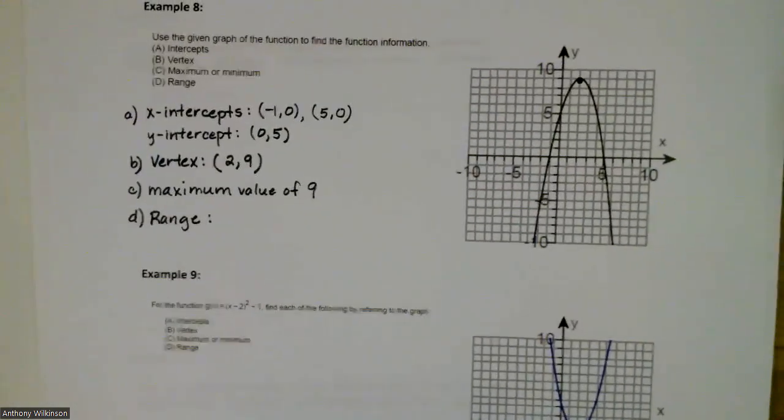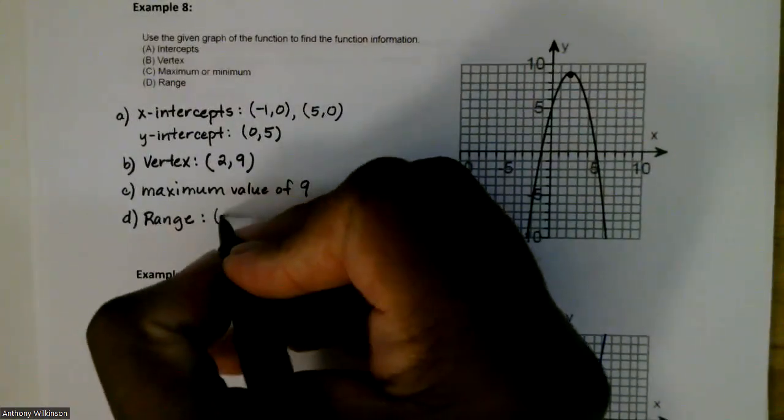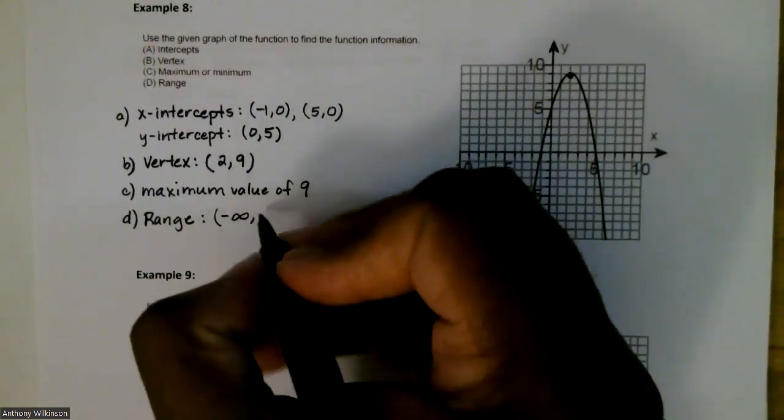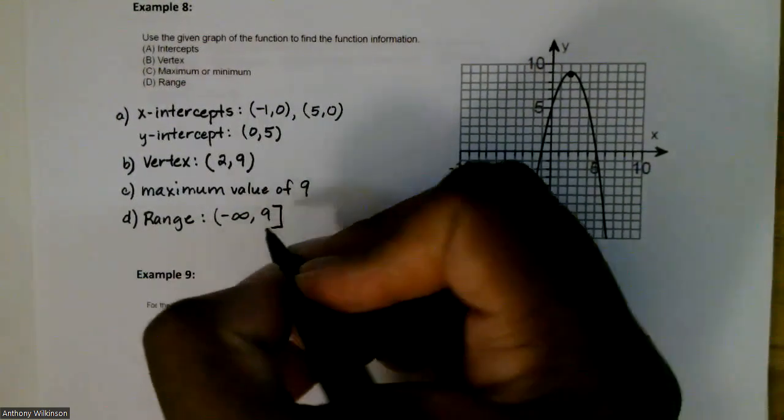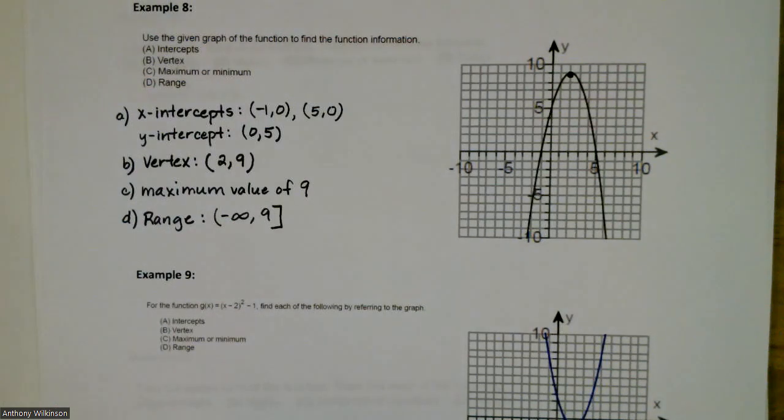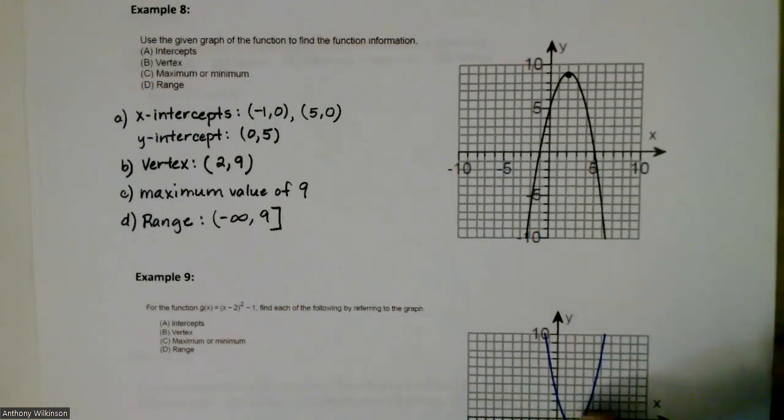In this case, the highest y value is 9. So we have to use negative infinity up to the maximum value, which is 9. So it'd be negative infinity to 9 as your range.